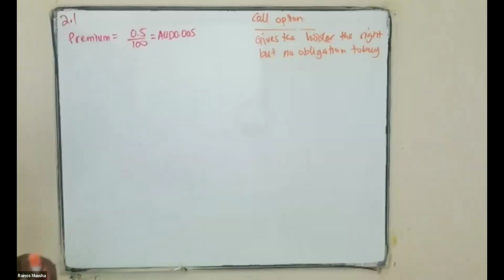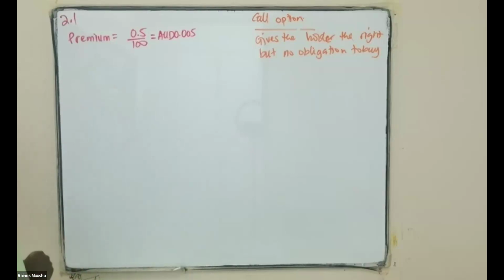I know that they say to buy at a stated price or over a given period of time. The more extended part of the definition: it gives the holder the right, but no obligation to buy at a given price over a given period of time as well. So the main thing there is that it gives the holder the right, but no obligation to buy, isn't it?